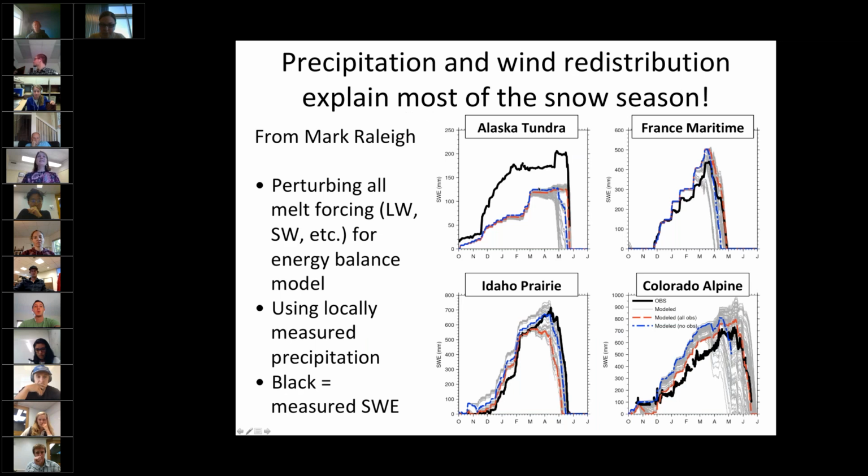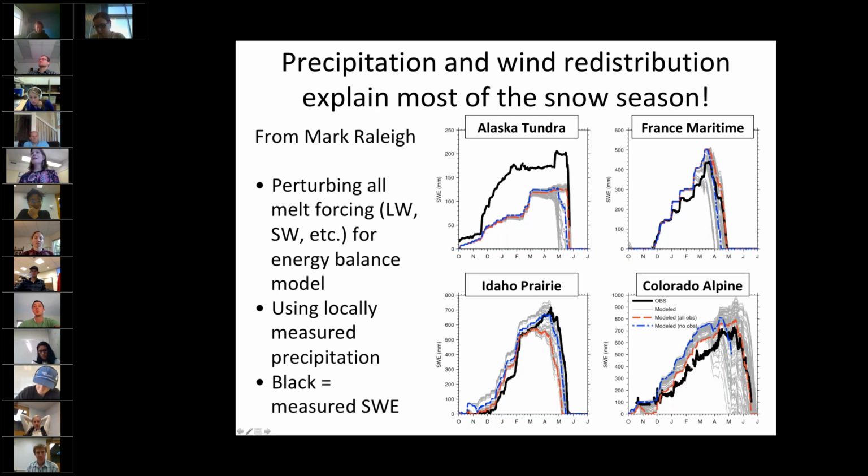So the first thing you can see is, running the black lines here, these are those 4 sites. The black lines here are observations. You can see at this Alaska site that we started trapping snow behind the wind drift right here. So the observations show a lot of snow that might not be representative of what's around it. The other ones I think are all pretty representative.